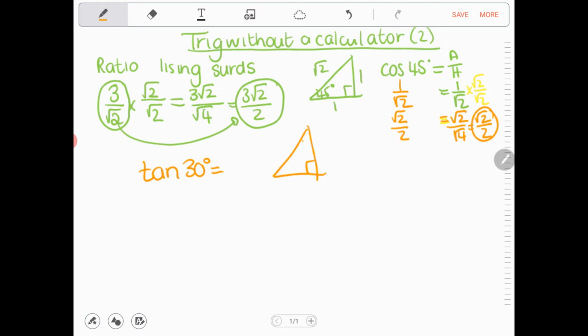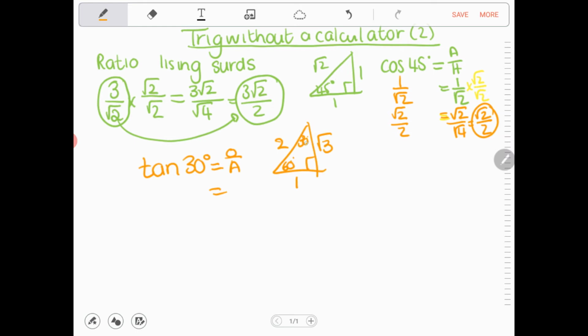So if we were using 30, okay, here's our 30-60 triangle. 1, 2, root 3. Tan, TOA, is opposite over adjacent. So for 30, opposite is 1, adjacent is root 3. Right, now again, I can rationalize this.